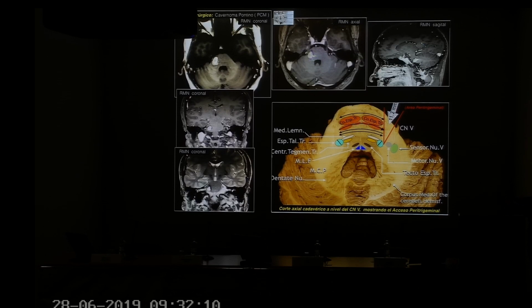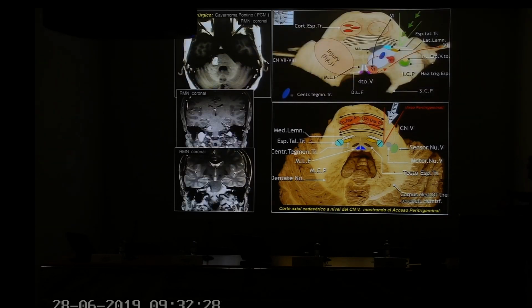Why? Because you can damage the motor and sensory nucleus of the 5th nerve. If you enter in the wrong direction, you can damage these structures: the medial lemniscus, the spinothalamic tract, and the central tegmental tract. Here again, if you go more down between the 5th and the 7th and 8th nerves, if you enter in the correct direction, you can avoid damaging the corticospinal fiber tract.